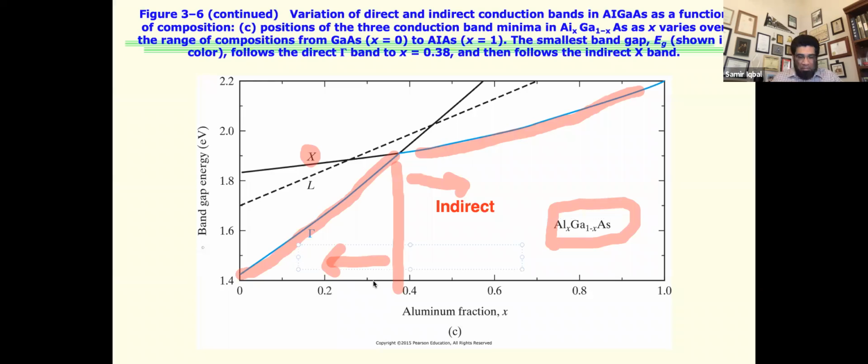So okay, let me wrap it up. So this side is direct, and okay, do you see why I say left hand side from here is direct and the right hand side is indirect materials? All right, so it's changing with this fraction x.